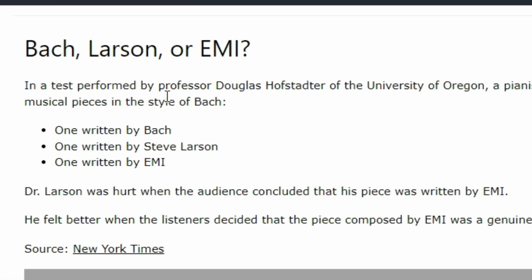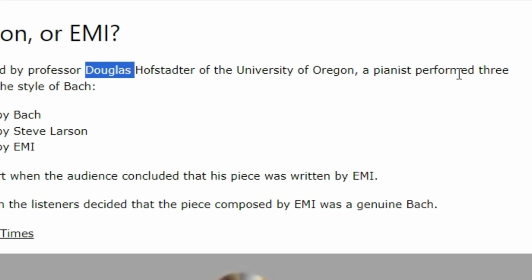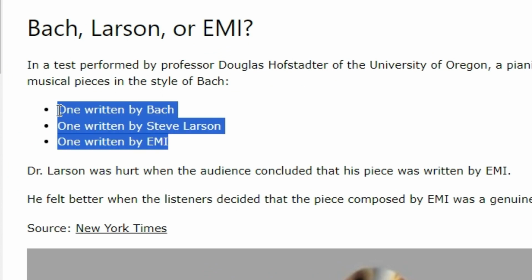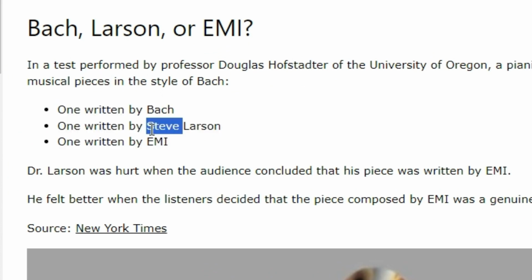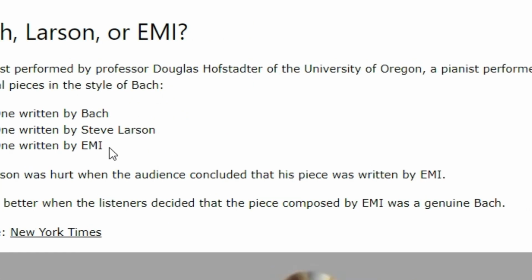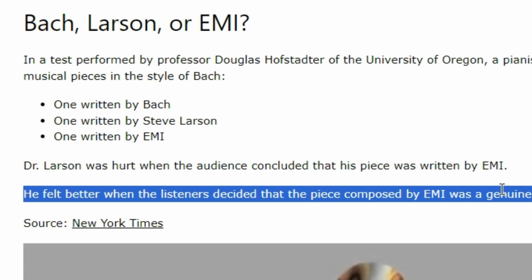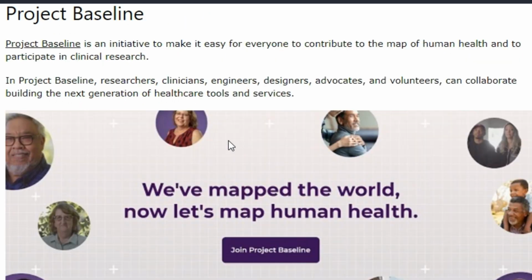In a test performed by Professor Douglas, a pianist performed three musical pieces. One was written by Bach, one by Steve Larson, one by EMI. The piece that was written by EMI, people thought it was the real, genuine Bach. So you can understand how close to reality the AI generated music is.